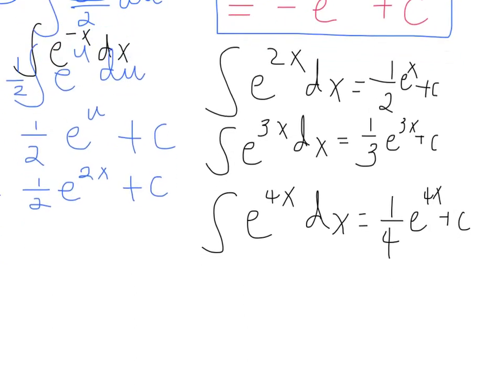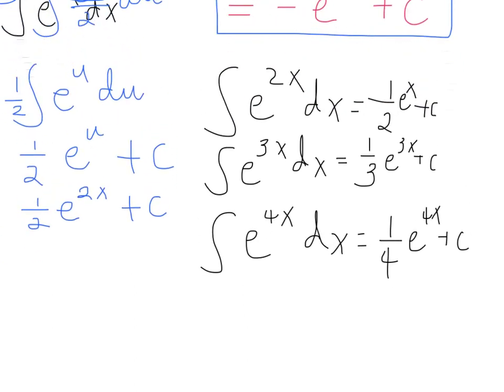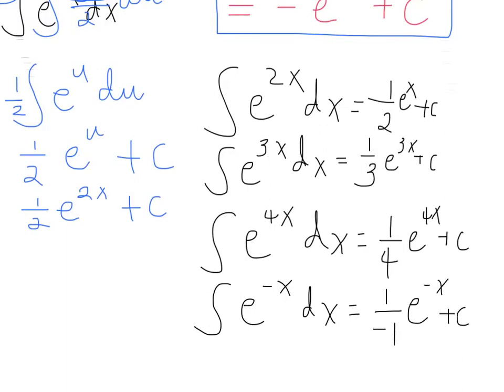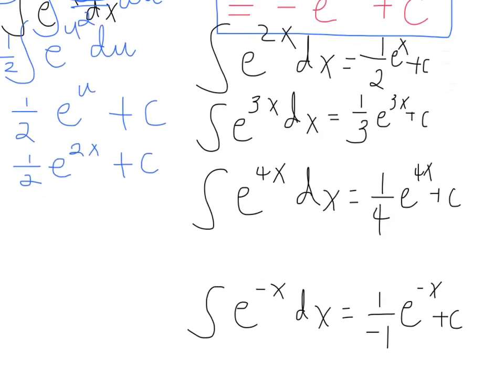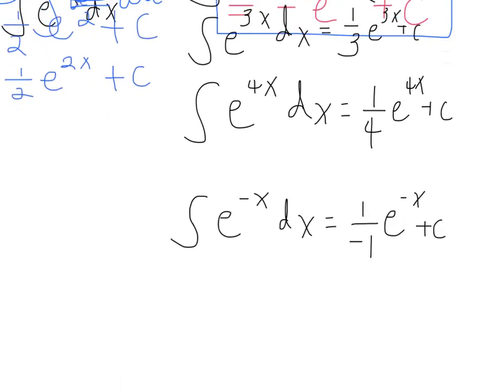Now, going back to the e to the negative x, this should be faster now. So this is 1 over negative 1 e to the negative x plus c. That is why we ended up with this value, which is equal to negative e to the negative x plus c.